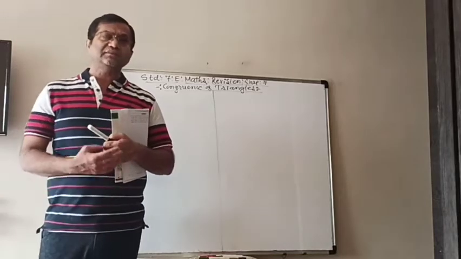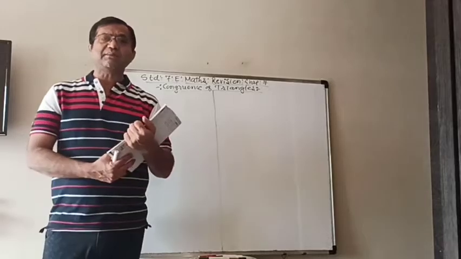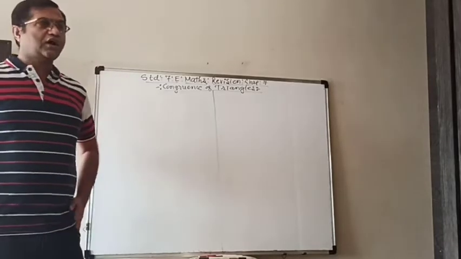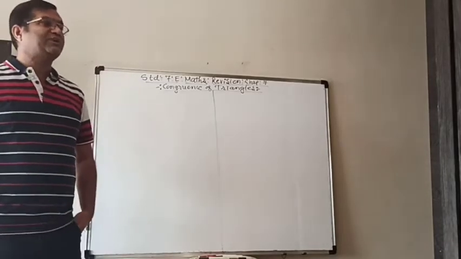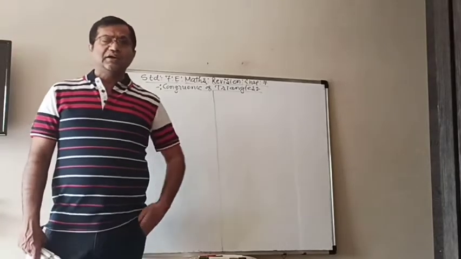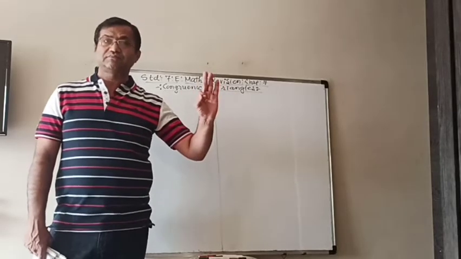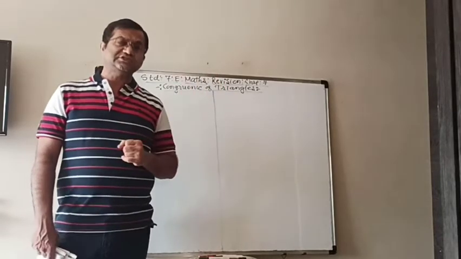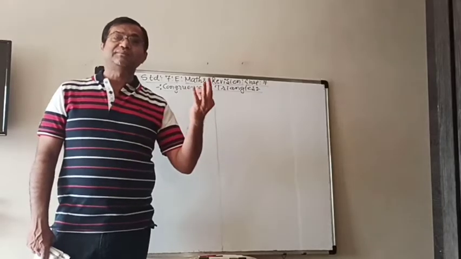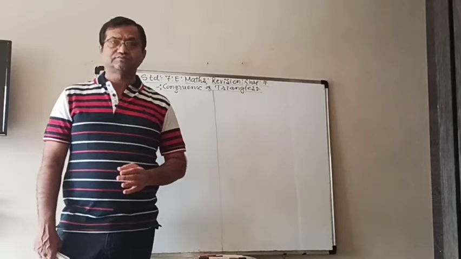But then we learn some criteria. Criteria means that according to the given special conditions, we don't have to check all the 6 conditions, but only 3 of them, but not any 3.